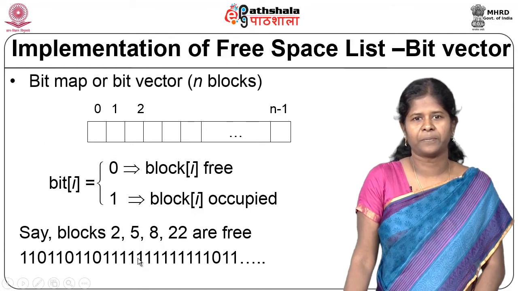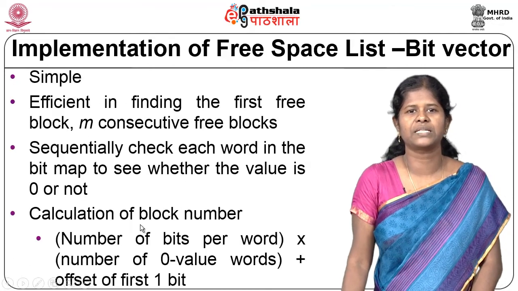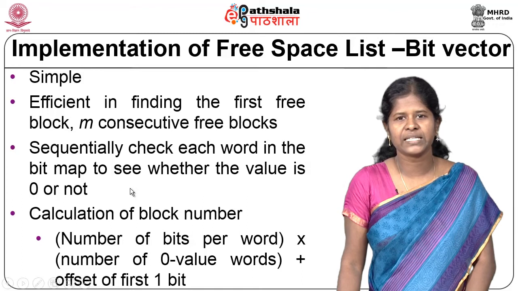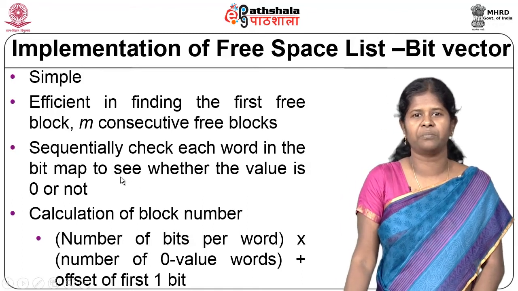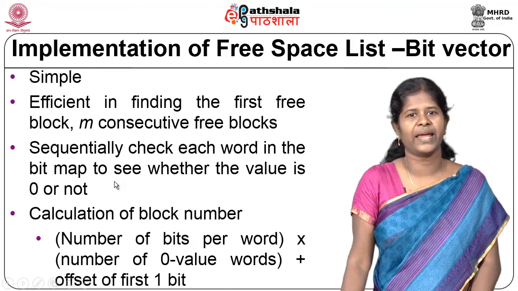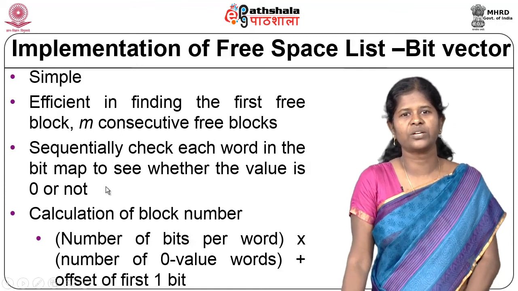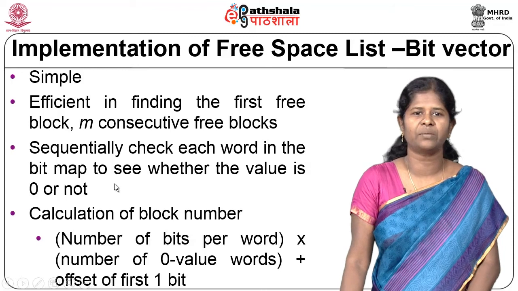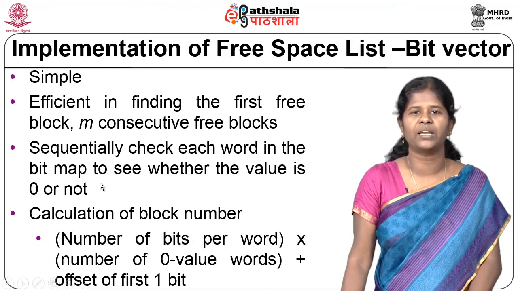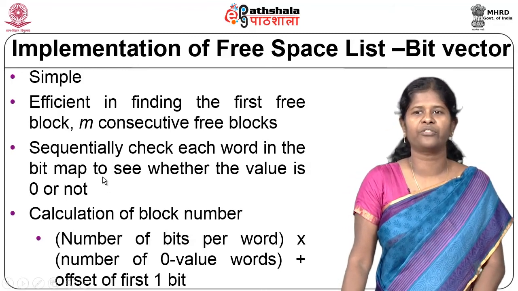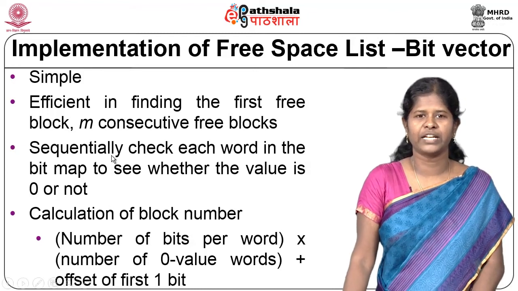So, likewise you get a bit vector which shows which disk blocks are free and which are currently occupied. This mechanism is simple, and it is easy to find the first free block. It is easy to find, say, m consecutive free blocks and so on. You can sequentially check each word in the bitmap to see whether the value is 0 or not, to find a particular free disk block.